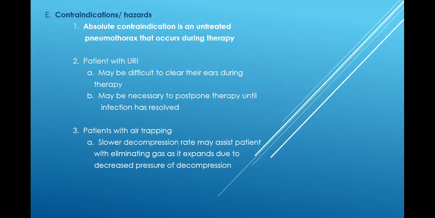So if somebody has a pneumothorax, I do not want to put them in a hyperbaric chamber because I'm increasing the pressure and that's going to make it worse. It's going to collapse the lungs. It's going to be really bad, kill you. Absolute contraindication of the hyperbaric therapy. When you get that test question, the absolute contraindication is an untreated pneumothorax.